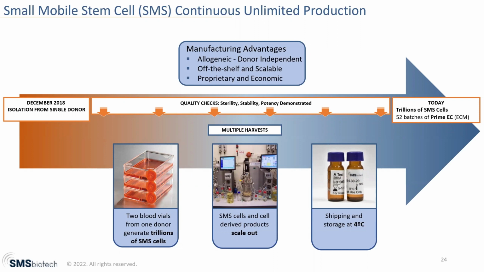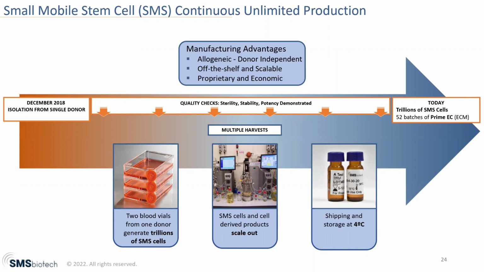The process of production is patented and proprietary. It's a production that is economic, meaning we can provide this therapy at reasonable pricing, centrally manufactured and shipped all over the country and worldwide.